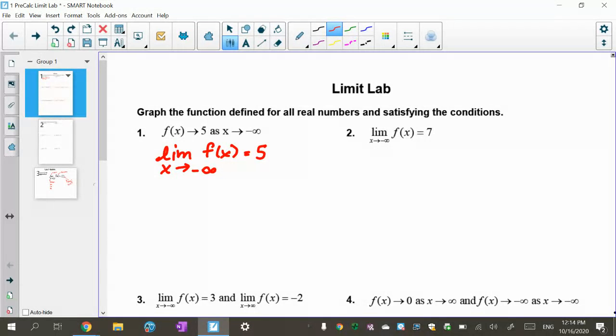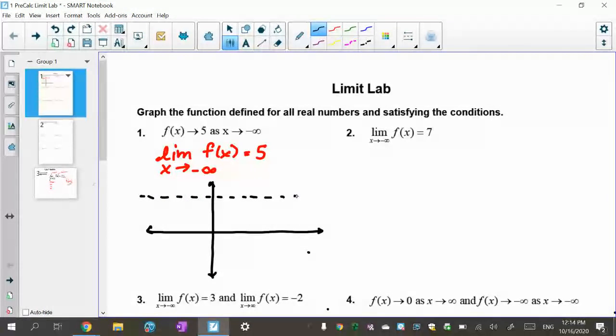And basically we could sketch this graph, and because we don't know what the actual function is, as long as I know that it's going to approach 5, so this is, I'm going to say, y equals 5. This is my x and y axis, if you will.